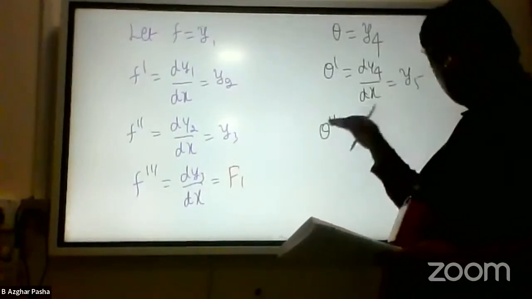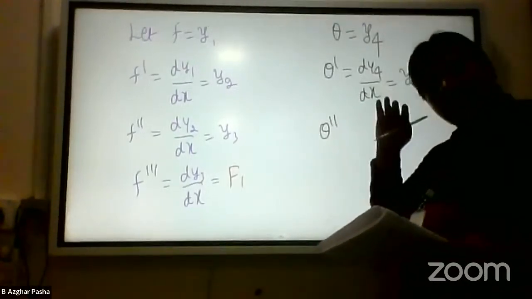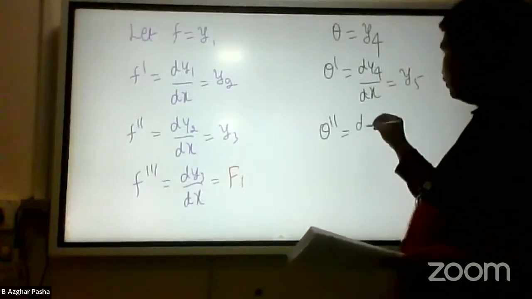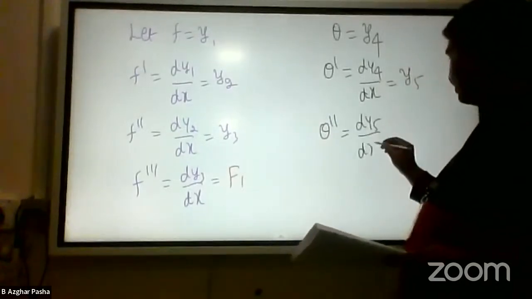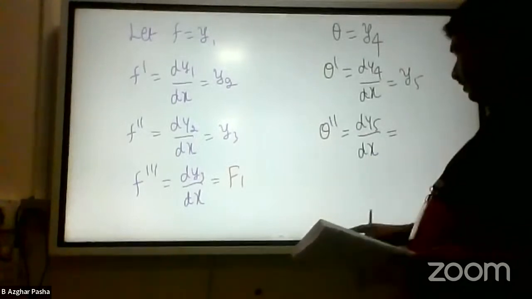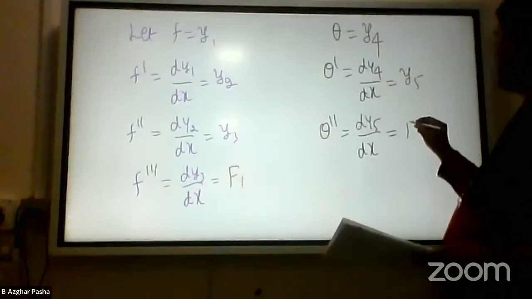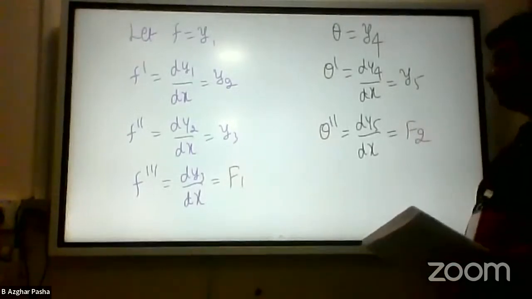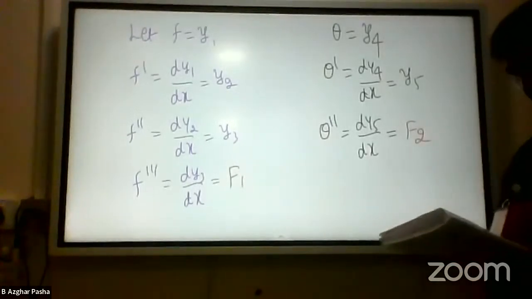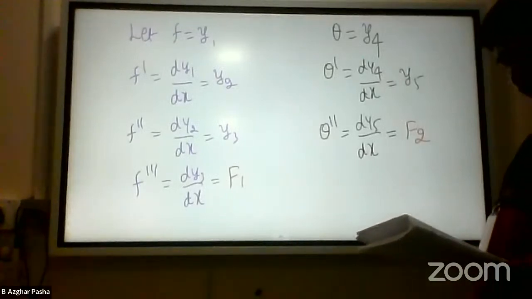Theta double dash, you have to stop, so you are not calling it y6. You know the equation dy5 by dx is equal to the given one, which I have denoted as f2.